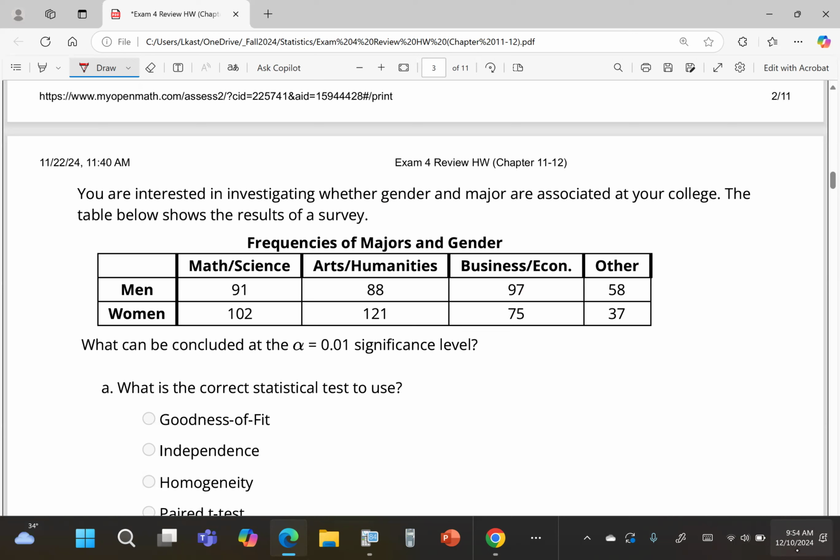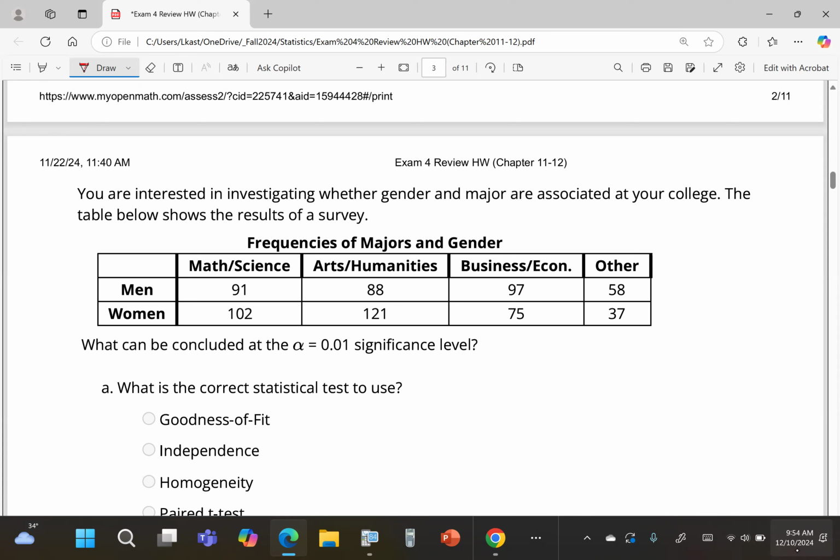So in the columns, we have the genders, men and women. And then in the rows, we have the majors. So this is a contingency table, FYI. So the number of men in math and science majors is 91. The number of women in math and science majors is 102. What can be concluded at alpha equals 0.01 significance level?